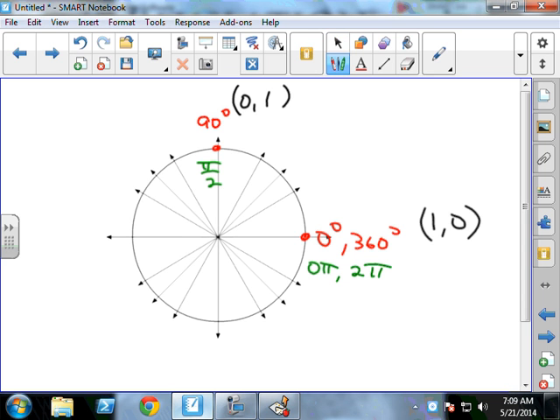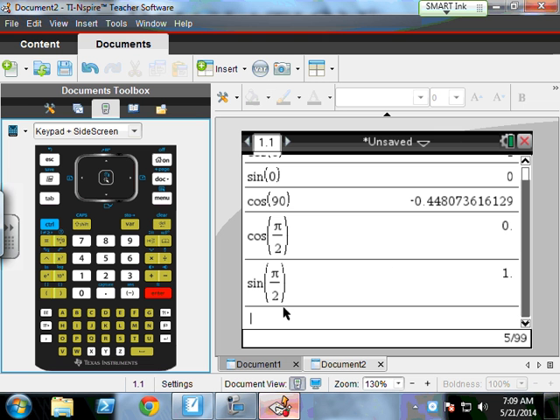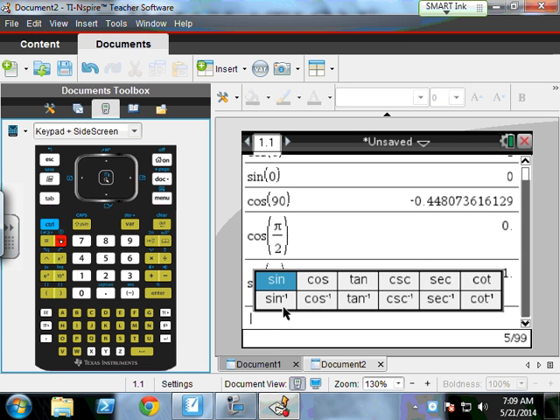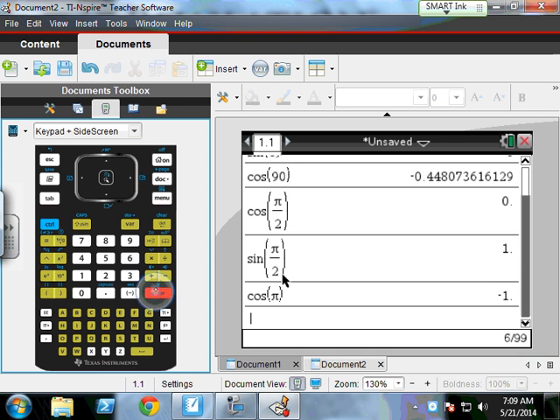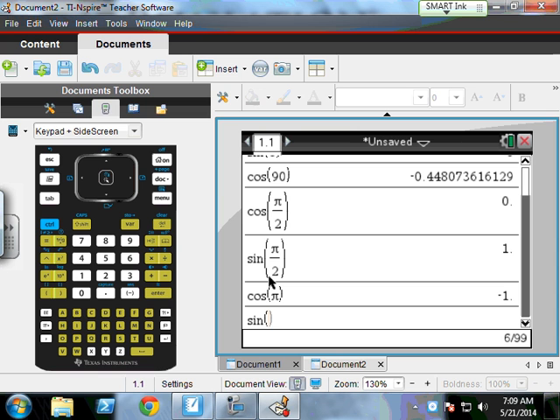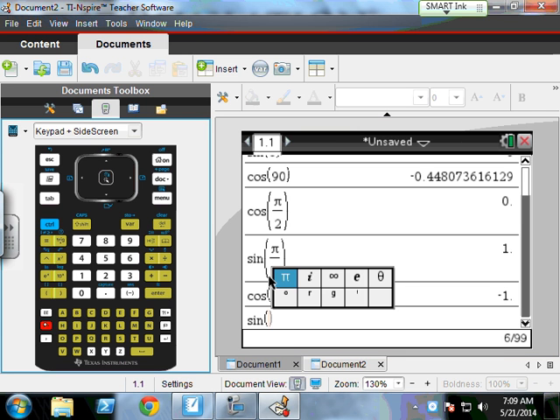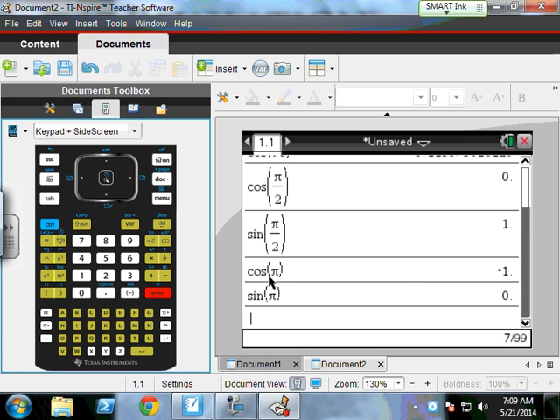So again, moving around the circle then, if we were to go out to 180 degrees, otherwise known as pi radians, looking at the coordinates of -1, 0, again, the cosine of pi should be -1. Check it out. The cosine of pi is -1. Similarly then, the sine of pi should be the 0, and it is.